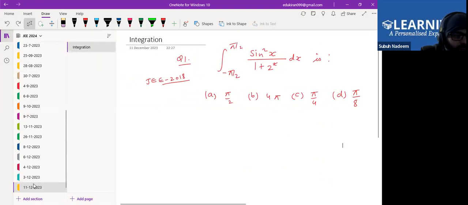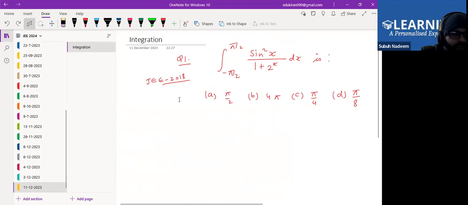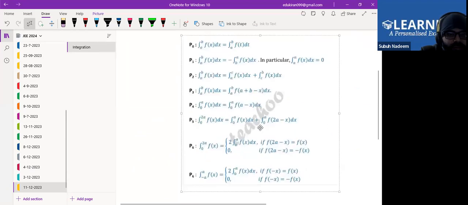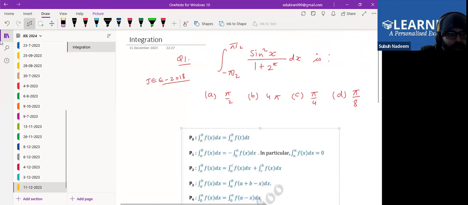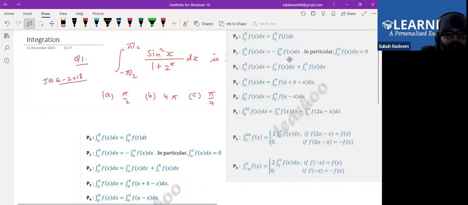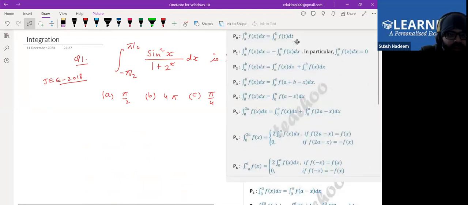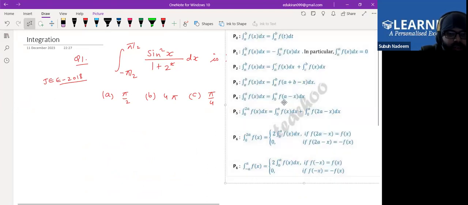One second. Yeah. So these were the properties which we did. One option is hidden here, which is pi by 8. Anyways, you will find the answer, and options are another part. So based on these properties, you have to think how to approach this question.